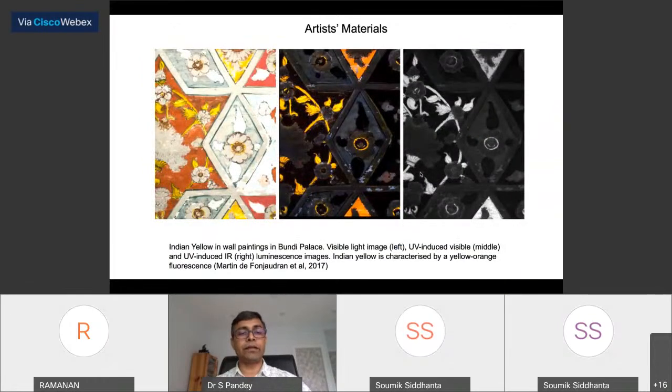So this is another technical study about understanding pigments, and this is from India, although written by British scientists. This is Bundi Palace, and wall paintings of Bundi Palace, very explicitly, beautifully decorated. And these yellow pigments that you see here are Indian yellow. I'm not sure if you know about Indian yellow. Indian yellow was a pigment that was banned in the early 19th century because it was produced from cow's urine.